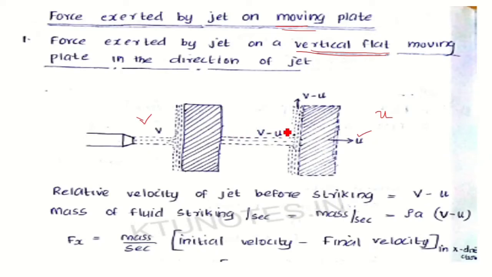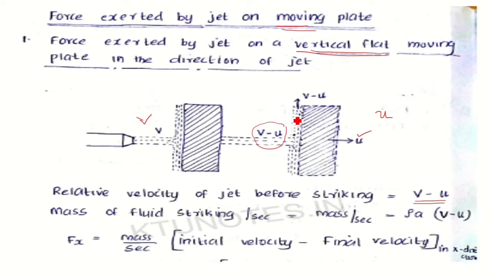So the water is striking the plate at a relative velocity. Since the plate is having some velocity, the water will strike the plate at a relative velocity only, not with the same velocity. So the relative velocity of the jet before striking the plate is v minus u.